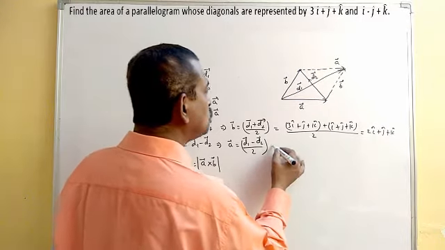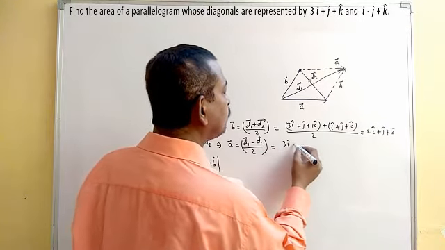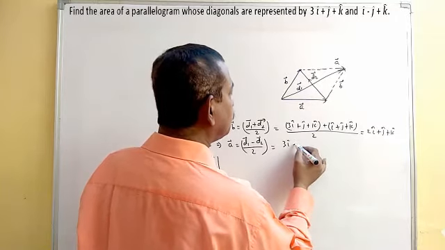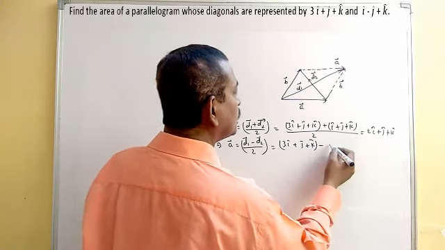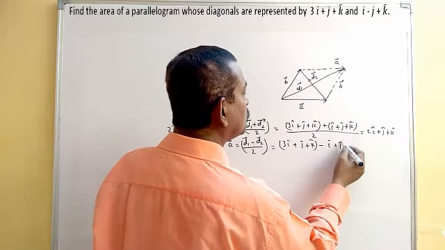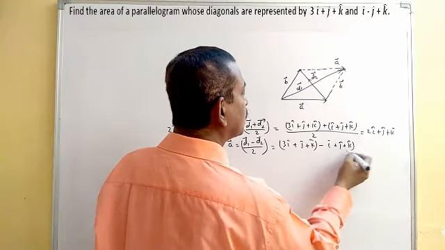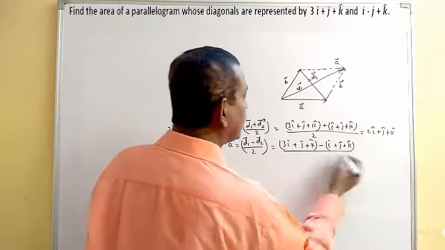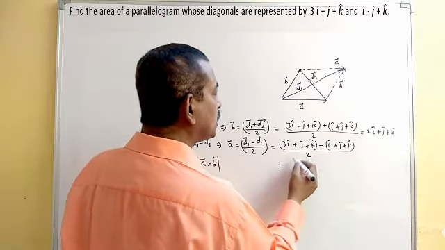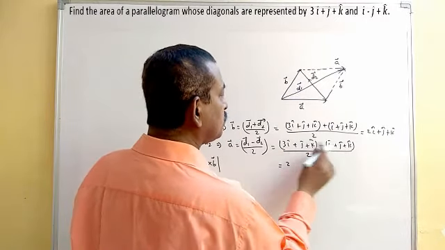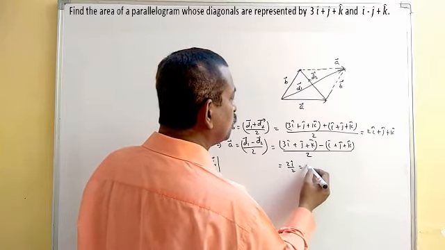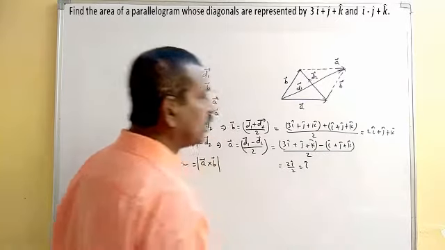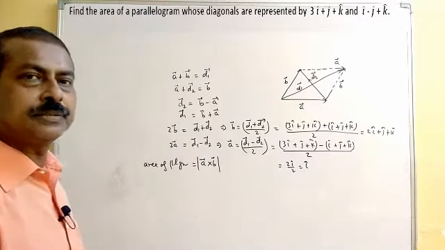And d1 minus d2 will be 3i plus j plus k vector minus i plus j plus k vector. You have to take the difference divided by 2. So this time it will be equal to 2i vector by 2, that is i, because the j and k components just get cancelled.